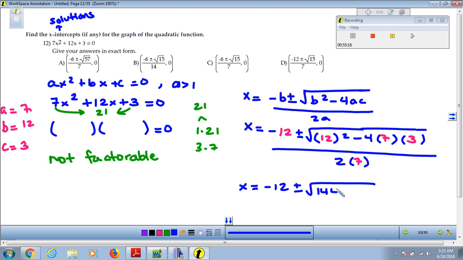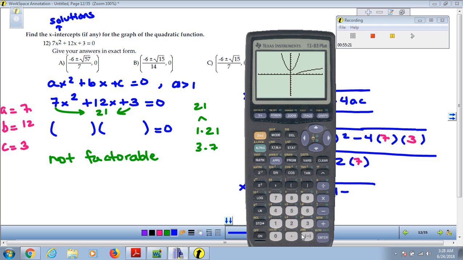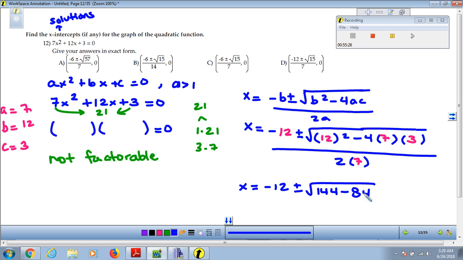Twelve times 12 is 144. Negative 4 times 7 is negative 28. Negative 28 times 3, it's negative 84, so minus 84, right? 2 times 7 is 14.